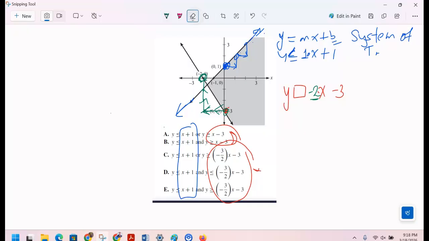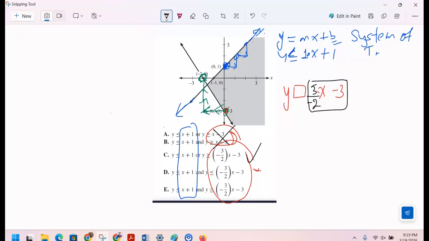Going 2 to the left basically means the slope is -2. You're going left and then going up 3. Now we got this piece, which is one of these, so it cannot be this.